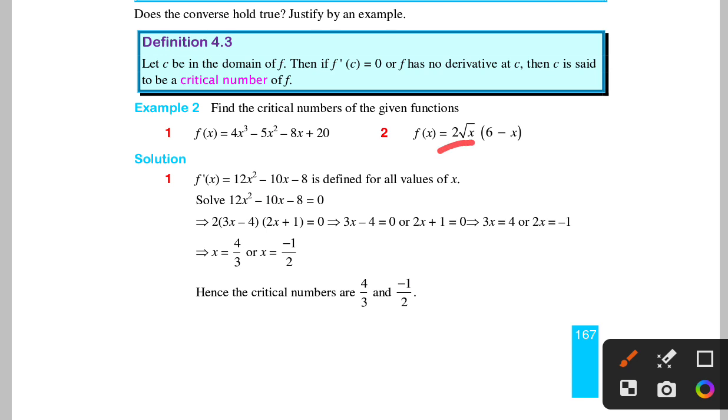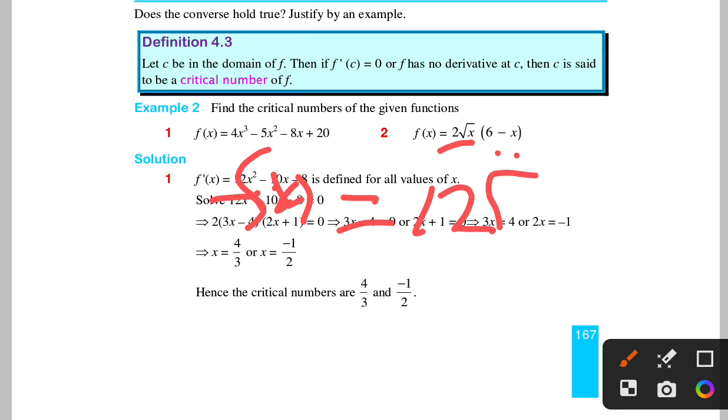2 radical x times 6, 2 radical x times minus x. F of x equal to what? 12 radical x. When we multiply 2 radical x with 6 we got 12, isn't it? Okay, when we multiply 2 radical x with x we got minus 2x radical x.